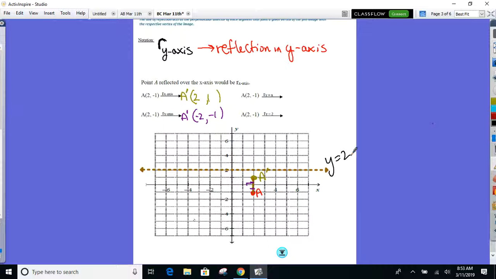All right, distance is preserved. Count now. From point A to y equals 2, how many units am I going? 3 units, so I go 3 units in the other direction. 1, 2, 3. And now name that point.